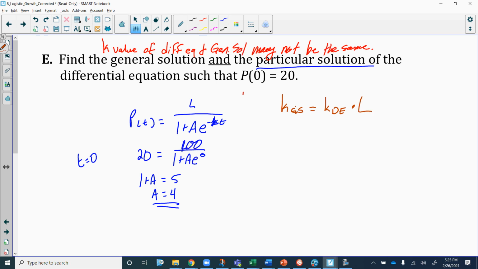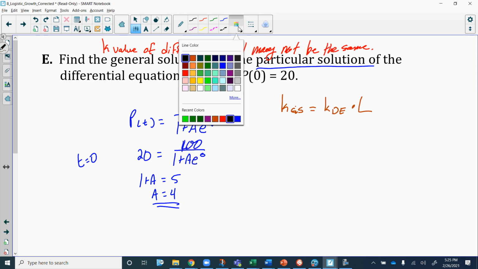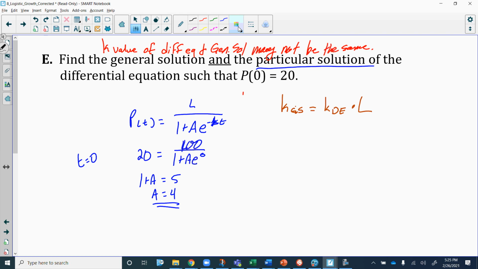If you recall, earlier I took the differential equation and wrote it by distributing and then factoring it. Going back to part A of this example, I said that dP/dt was equal to 0.001 times P, and in parentheses, 100 minus P.